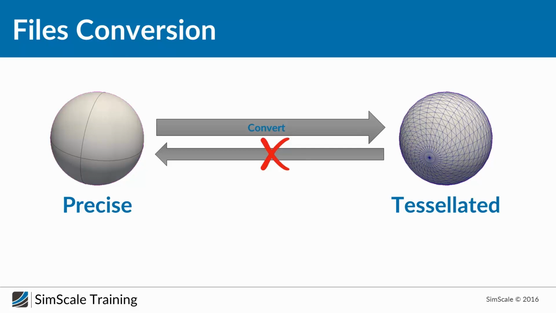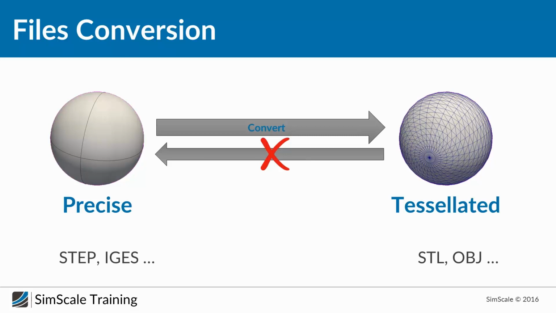Sometimes you can convert every triangle to a single surface, but this will not work well, so the geometry will not be good. So remember that converting from precise surface to tessellated surface is possible, but from tessellated surface to precise surface, it's not possible.